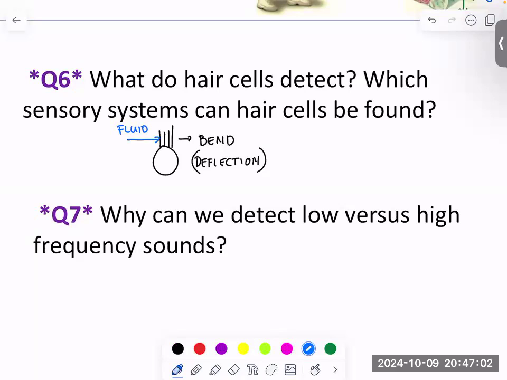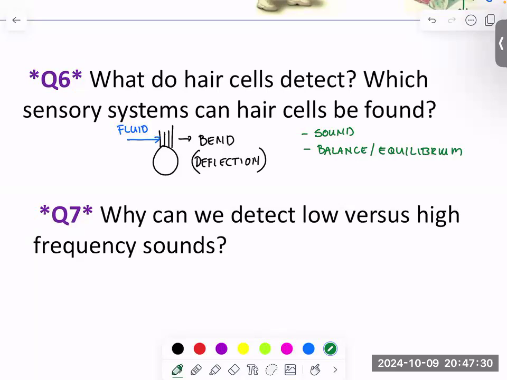They detect deflection. And this deflection allows us to use which sensory systems? Hearing, balance, or equilibrium. The vestibular cochlear system.